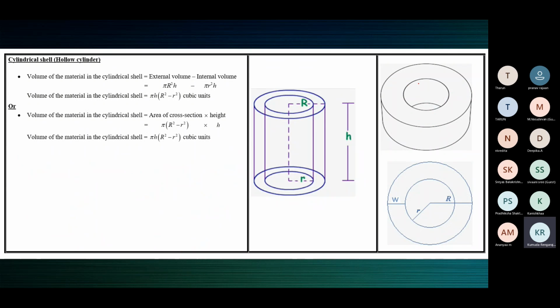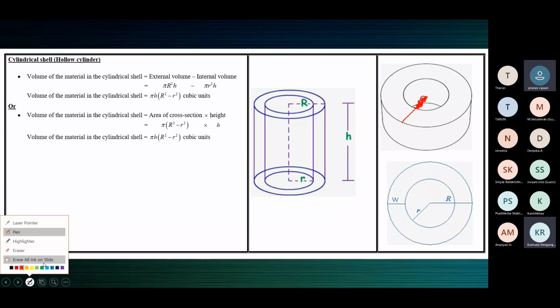Now, supposing this is capital R. From capital R, if you subtract small r, you're taking away the inner radius. What are you left with? Ma'am, capital R. No. I'll show you again.